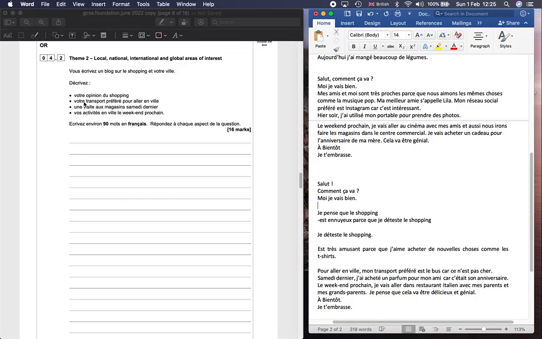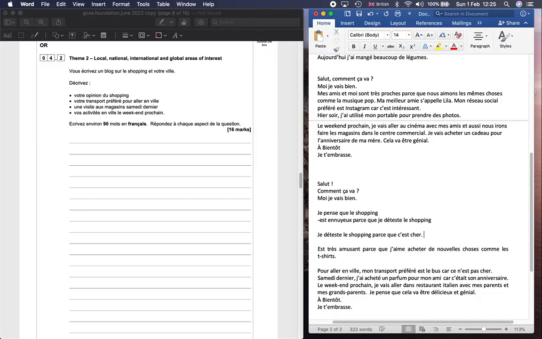Now let's see if we have answered about shopping. Votre opinion sur le shopping. What do you think about shopping? Je pense que le shopping est ennuyeux parce que je déteste le shopping. So I think that shopping is boring because I hate shopping. Another option is je déteste le shopping, and here maybe you can say we have to give a reason, and you can say parce que c'est cher, because it's expensive.